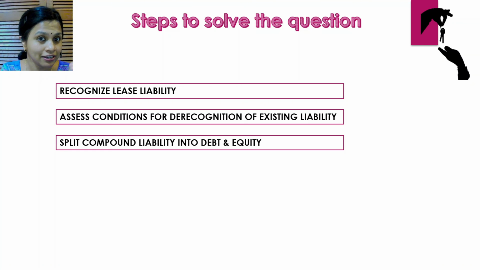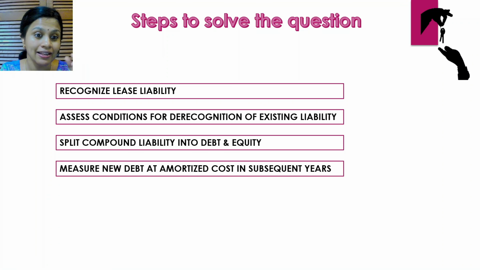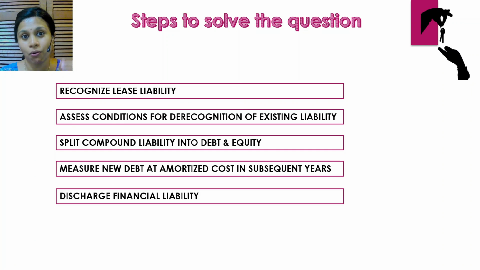Once the initial recognition of the new debt is done, then I will measure the new debt at amortized cost using the effective rate of return. And finally, on the date of conversion or the date of redemption, I will pass the entries to redeem the financial liability. So these are the steps that I will be following to account for this scenario, but I will be doing that in my next video.